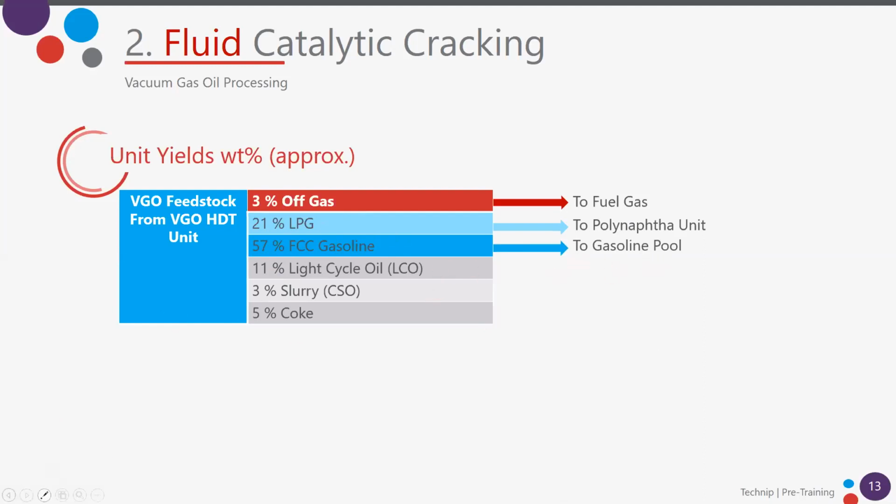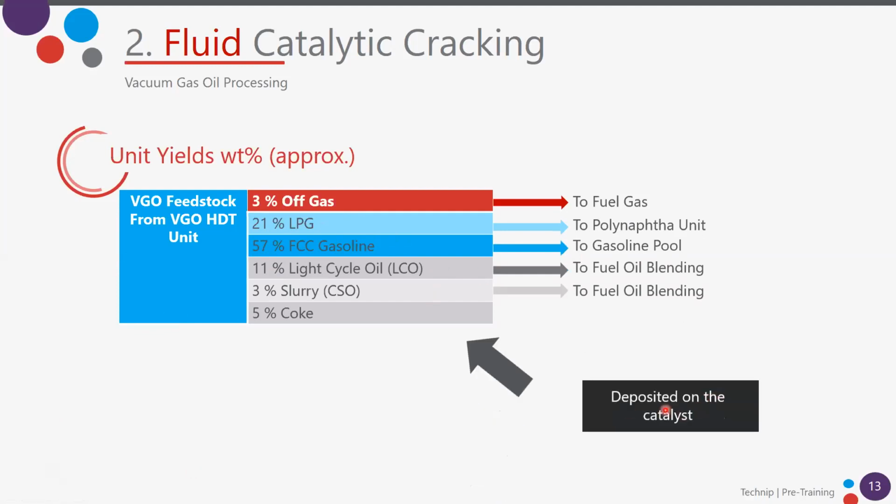And then these two, the light cycle oil and the clarified slurry oil, we will send to the fuel oil blending. Of course, we also have some coke formation in the cracking reactions that will be deposited on the catalyst.